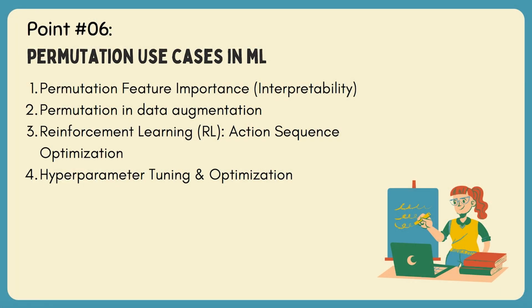Next, let us look at some of the practical use cases where permutation is useful in machine learning. Let's start with the first, which is permutation feature importance.